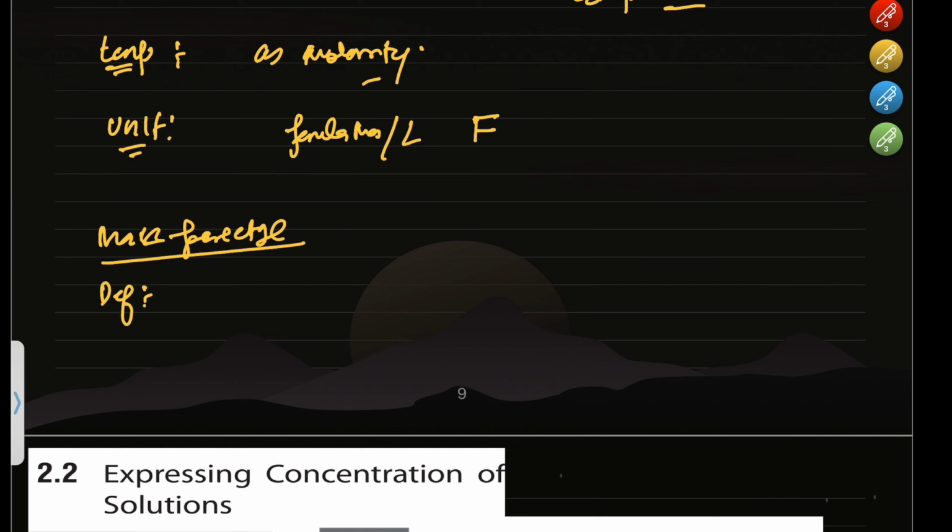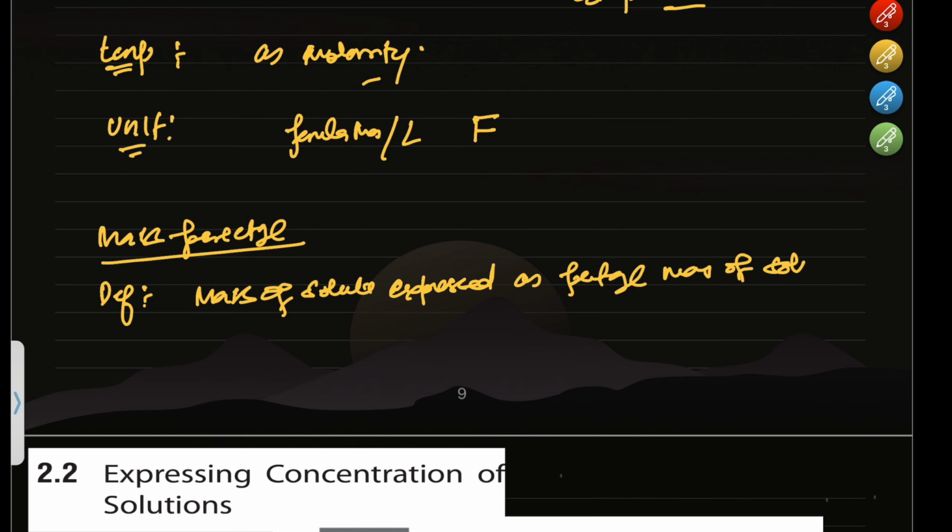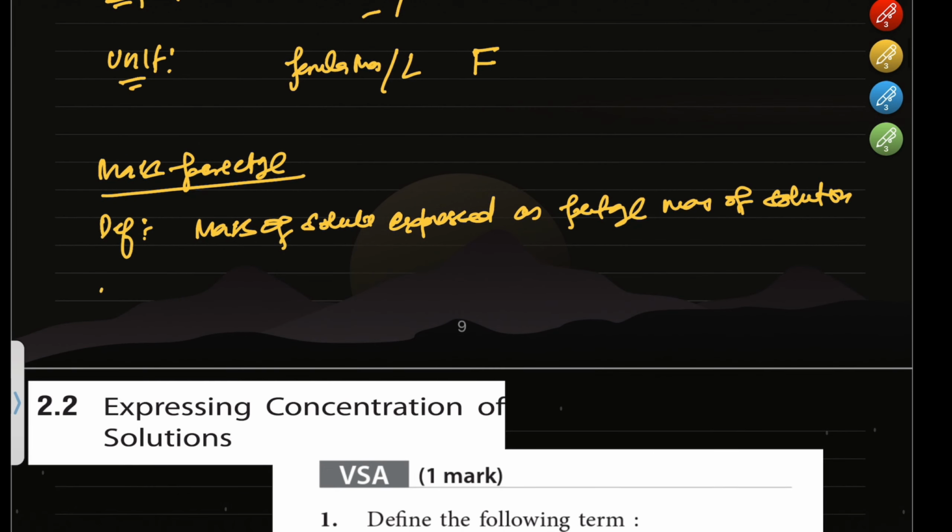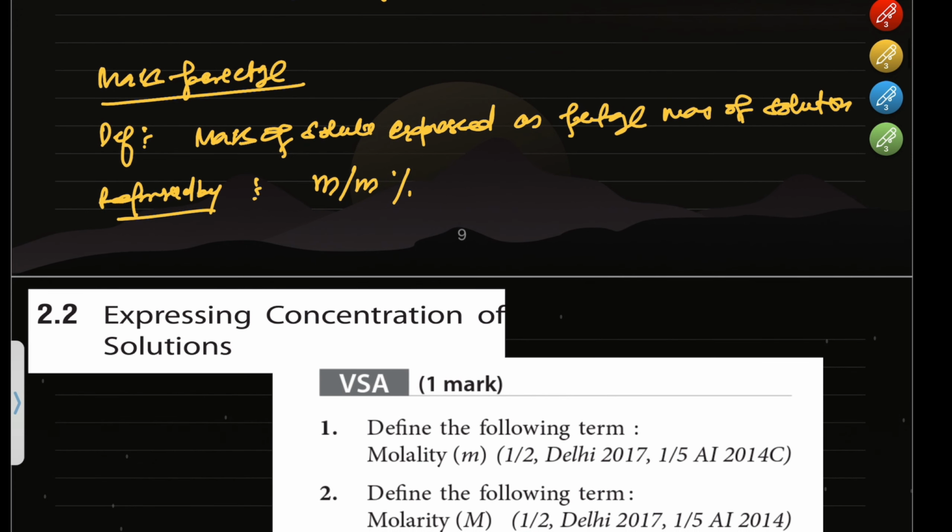Definition: mass of solute expressed as a percentage of mass of solution, represented by m by m percent.